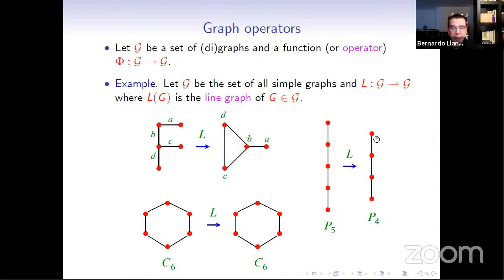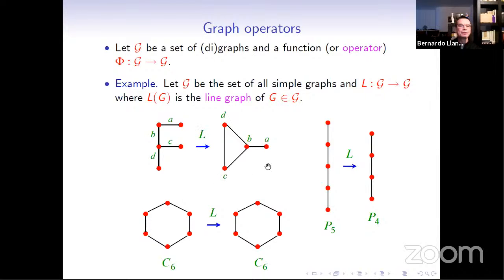Here, I have some pictures of how to define the line graph of a graph. For example, I have this graph here. I denote the edges of the graph by letters A, B, C, D. And then I assign by the L operator the image graph, which is this one.